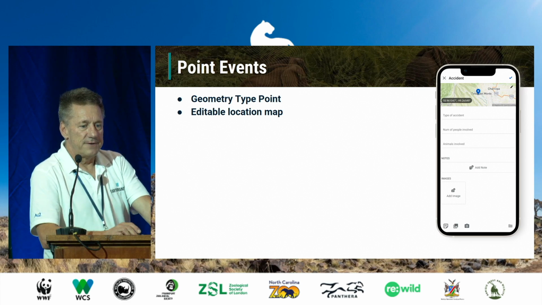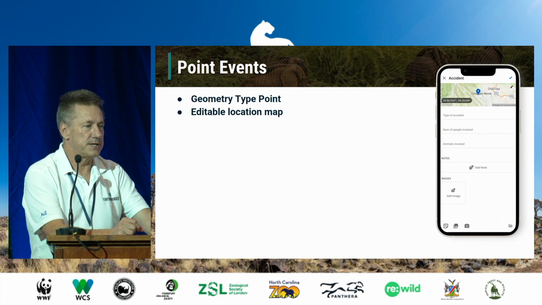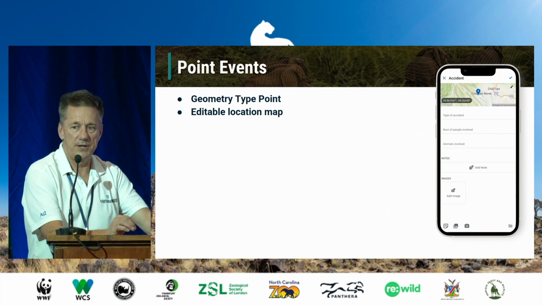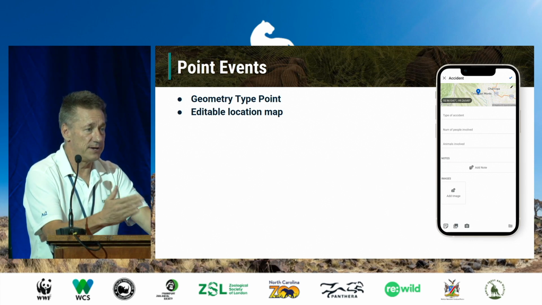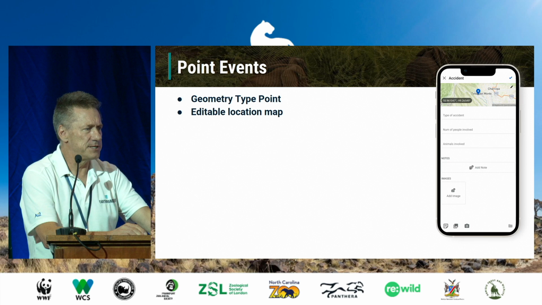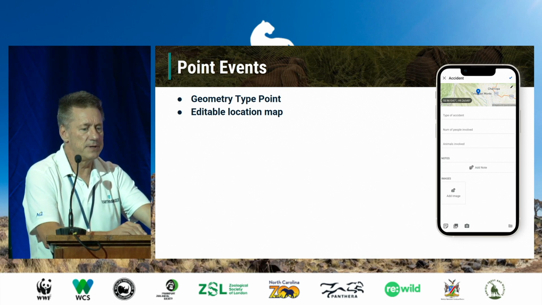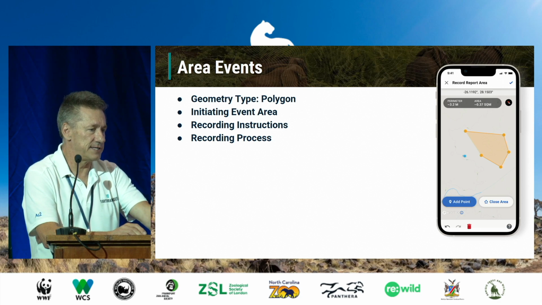So there are a couple of different event types that can be recorded. Most of them are point events. So that would be one coordinate where you would take whatever you're capturing into the system. And the other type, and Rich mentioned it yesterday, I think, about the future of SMART, which would be polygon event types.